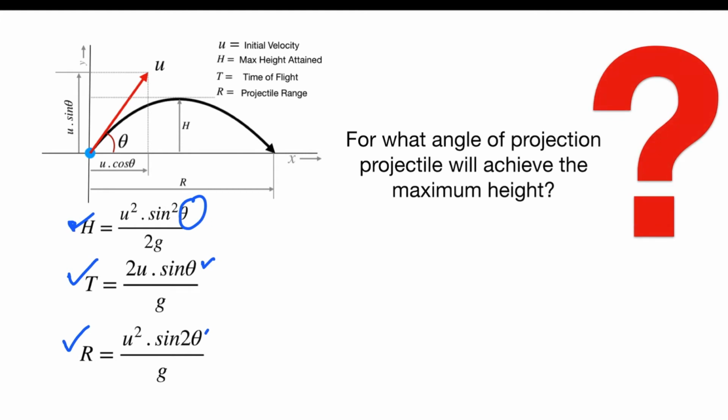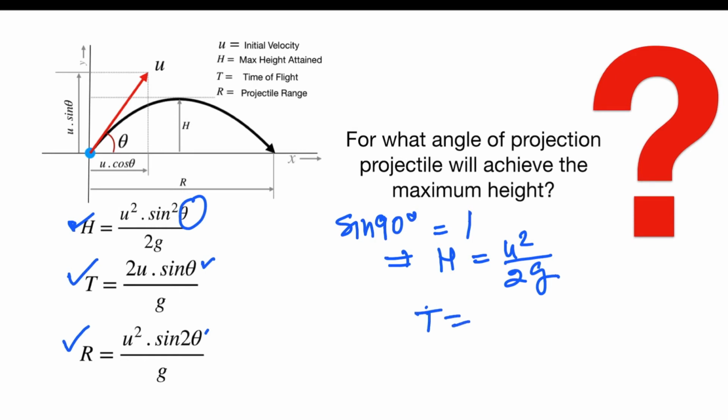The height will be maximum when the angle of projection gives the maximum sine theta value, and sine theta value is maximum in case of angle 90 degree. Sine 90 is equal to 1, and in that case the maximum height achieved by the projectile is u square by 2g. Under the same conditions, the time of flight will also be maximum and equal to 2u by g.